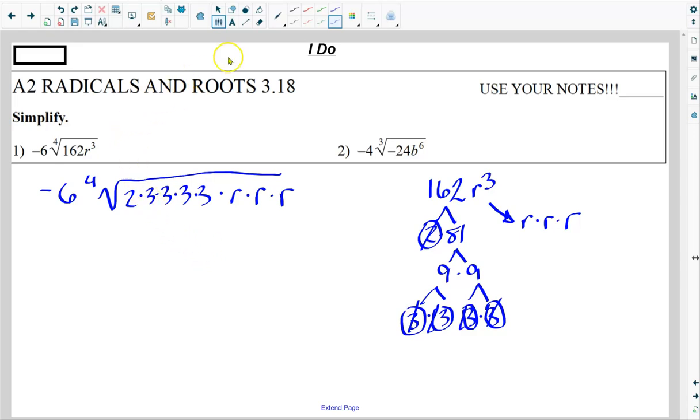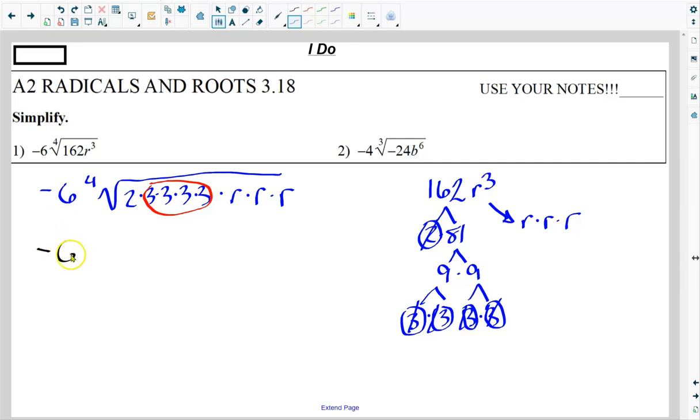Okay. Now, according to this index, I'm going to circle any number that repeats this many times. Okay, so 1, 2, 3, 4. And also any variable that repeats at least this many times, 4, or exactly this index. Okay, 1, 2, 3, no. 1, no.